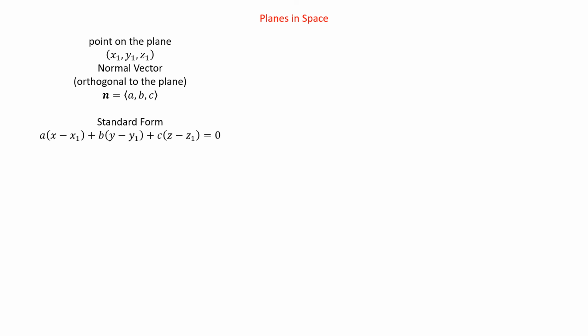So now to make the equation of this plane, we can have it in standard form, where we take x minus the x point times a, and y minus the y point times b, z minus the z point times c. So if we have a normal vector n is 3, 2, 7, and it goes through the point 1, 5, 6, we can make this equation.